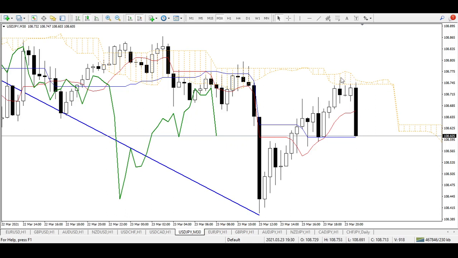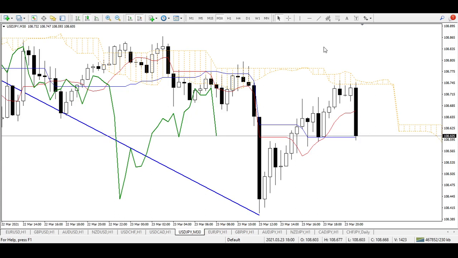So one indication was this reversal right from the Ichimoku cloud. Another indication is that the price has fallen more than 15 pips already, and this half an hour candle is going to be completed within a minute. This is 3:29 New York time, so within a half an hour this will be completed.